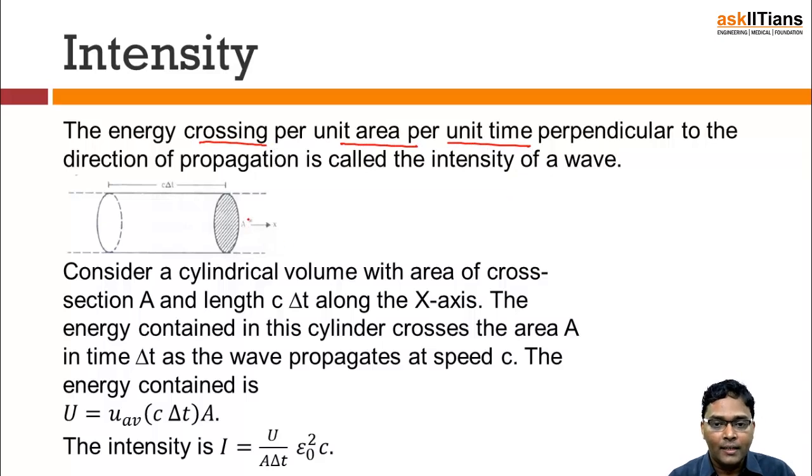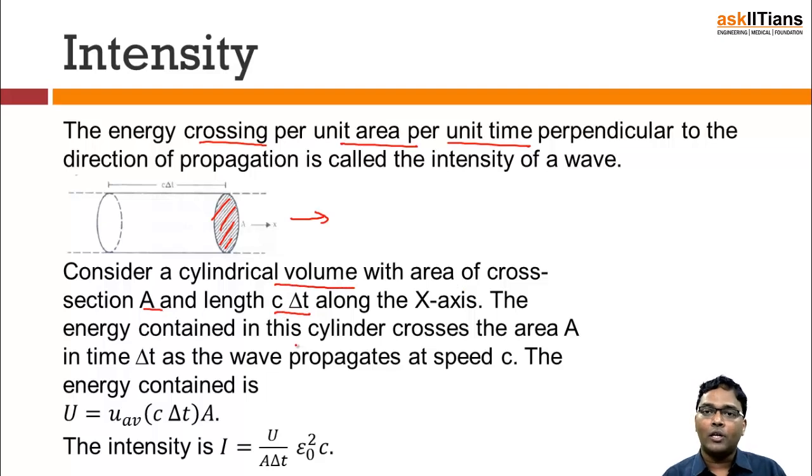So if I say the direction of propagation is here, how much energy is crossing per unit area? This is the area, okay? So crossing per unit area per unit time. How much is the energy that is crossing this area of cross section? Say a cylindrical volume with area of cross section A and length c delta t.